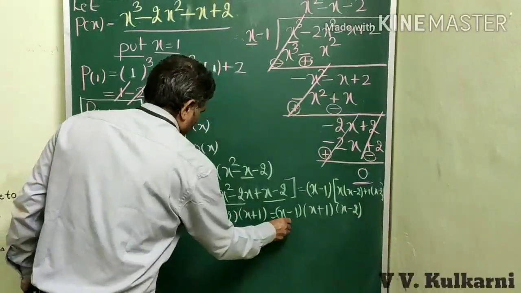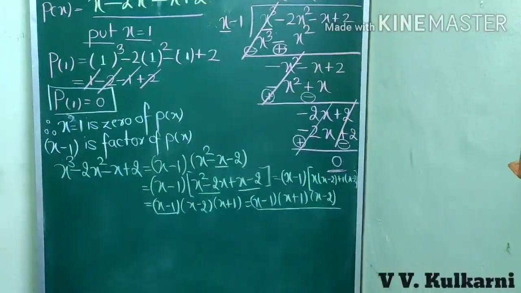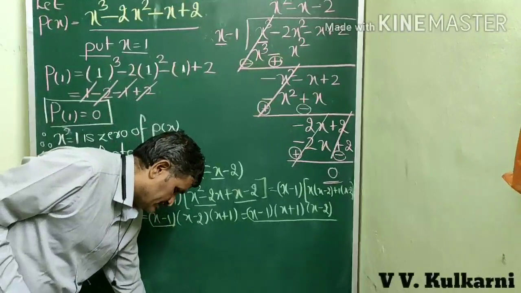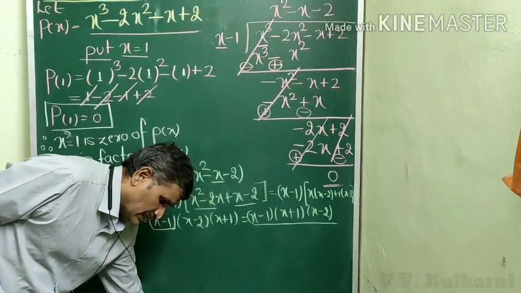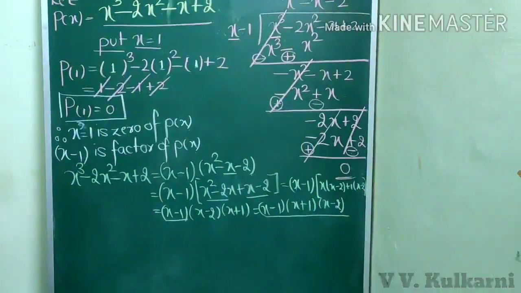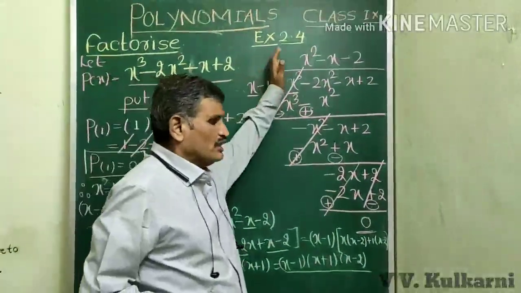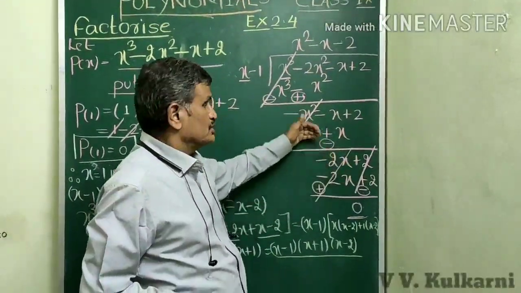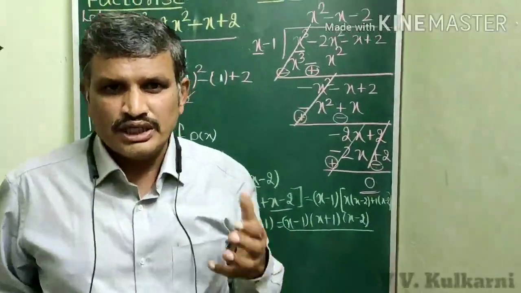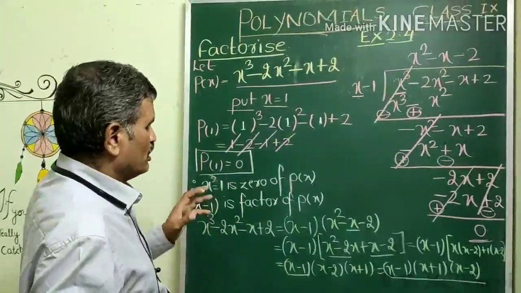Now children, this is one method of solving the problem. The same problem can be solved by a second method also. This is called the long division method. It is not necessary that a child should always go for the long division method. He can go for the shortcut method.